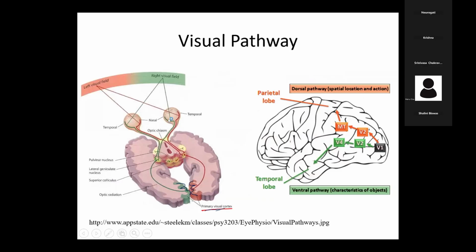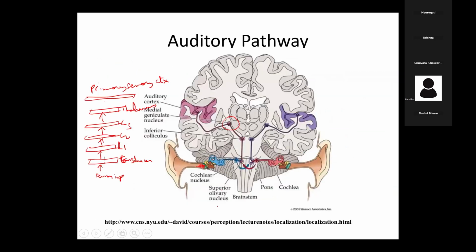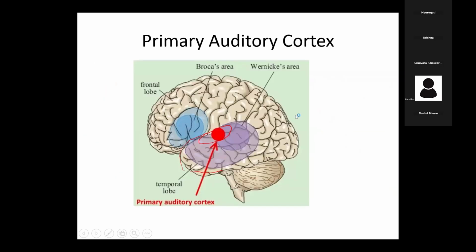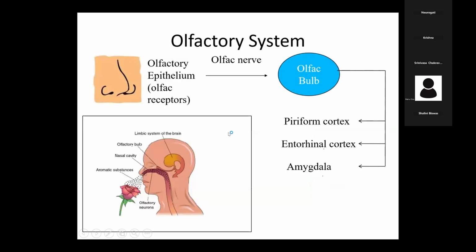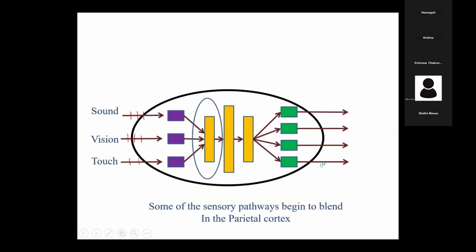And visual information also goes from the eyes over a long trajectory and finally reaches the primary visual cortex, which is in the occipital lobe here. And auditory information also, from the ears, goes through a bunch of layers and finally reaches the primary auditory cortex, which is here. So the touch comes here, vision comes here, and sound comes here. This is what the primary auditory and primary sensory cortices are like. Then olfaction is different. It goes from the nose to the olfactory bulb to different cortical areas, not shown in this picture.